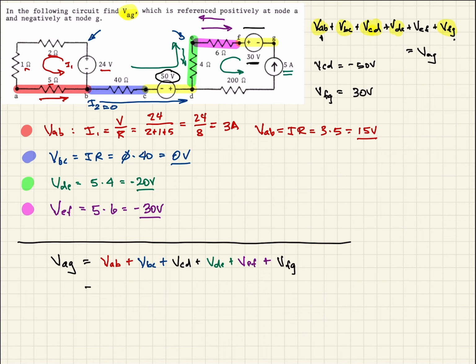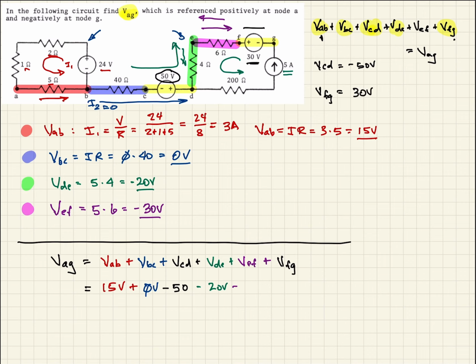As we plug these numbers in, VAB we said was 15 volts. VBC we said was 0 volts. VCD we said was minus 50 volts. VDE we said was minus 20 volts.